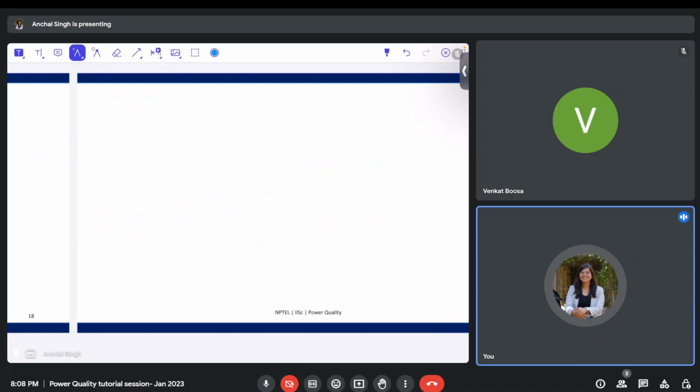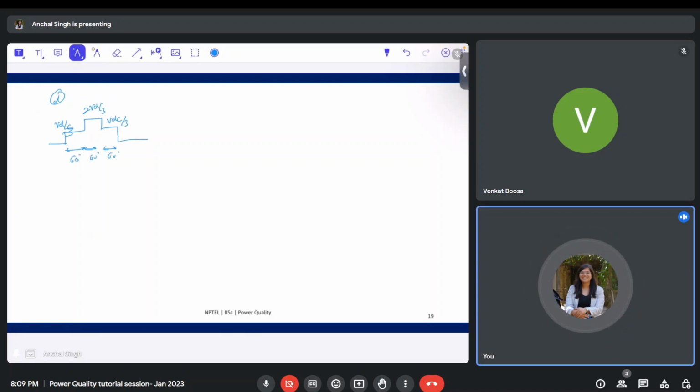Now for the series filter, if we look at the DC part, we know that it will be a stepped waveform, right? We have already looked at the stepped waveform with magnitude Vd by 3, 2Vd by 3, and Vd by 3 again for equal intervals of 60 degrees. So using that, we can calculate the voltage rating of the series filter, as we've already used this kind of equation before.